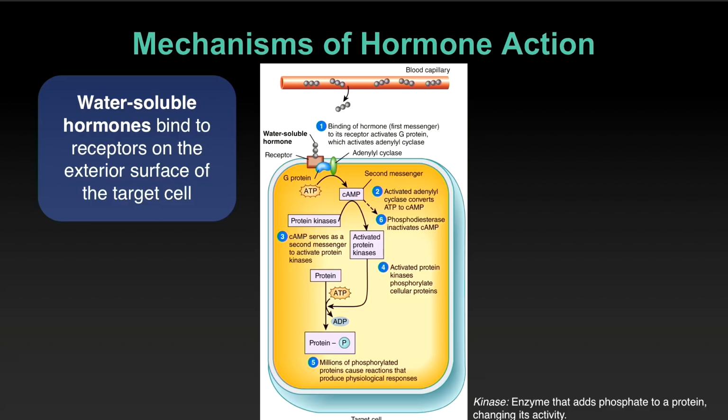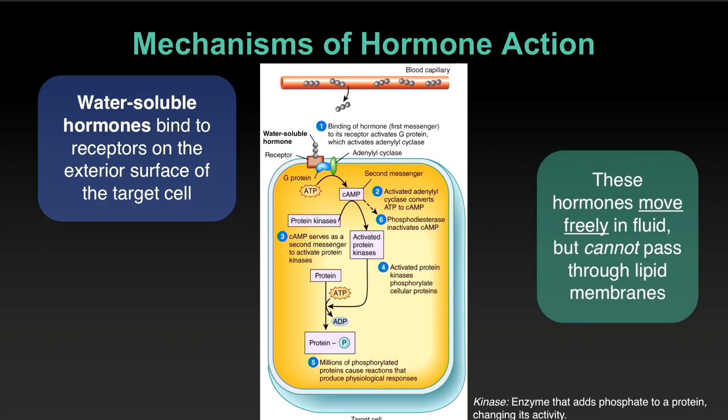Because they're there, their presence indicates that there's some important message that needs to be conveyed, some action needs to be taken, but they can't move into the cell to do it. They move freely in fluid but can't pass through the membrane, so they need a way to transmit the message.